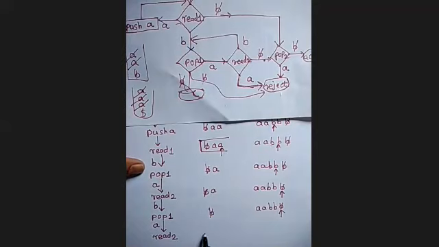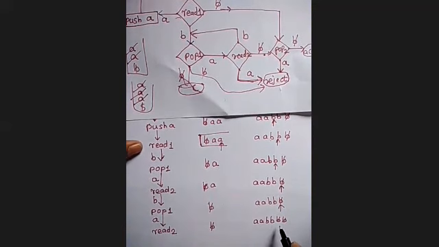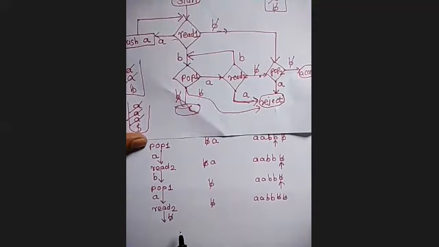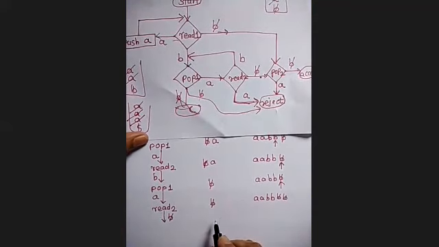Read two क्या करेगा अभी? Which character will read two read now? Tell me which character will be read. All the remaining characters are blank. Once your input ends, what we have assumed is that the remaining characters are blank. Okay, so this read two will read the blank. Once the read two reads the blank, what is the next state? Read two blank आने के बाद, what is your next state?